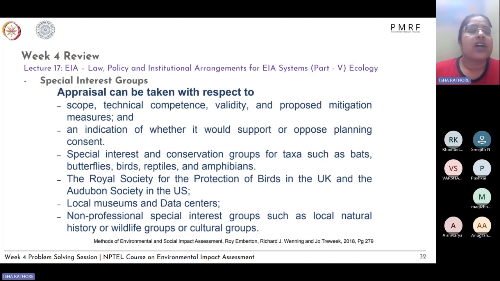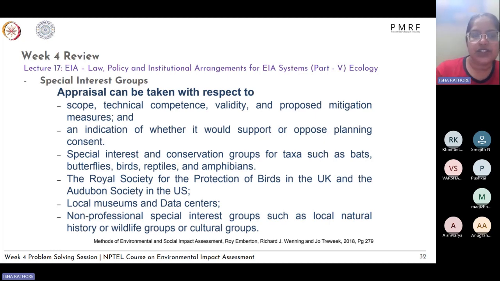So special interest groups are groups which take a very special interest in the preservation and conservation of certain aspects of ecology, which is close to them geographically, or have a general sort of environmental awareness towards particular aspects or species or habitats near to them. So if your area has these kind of groups, then you need to consider the scope, technical competence, validity, and proposed mitigation measures.